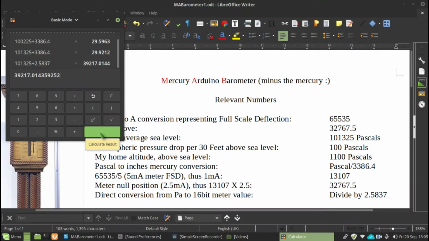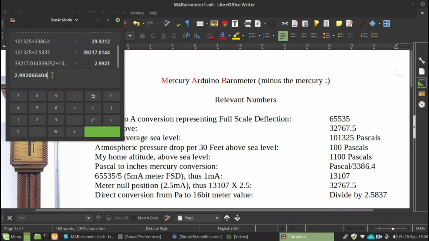And that equals 39,217. Well, if we were to divide that number by 13,107, which is the per milliamp number, it will come up to an analog meter number.